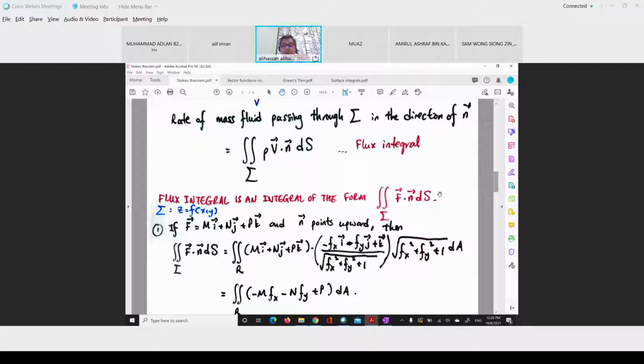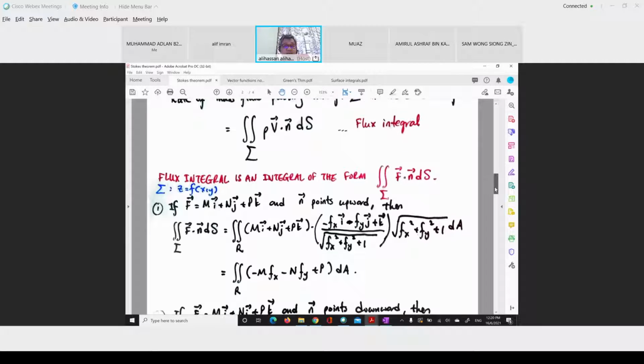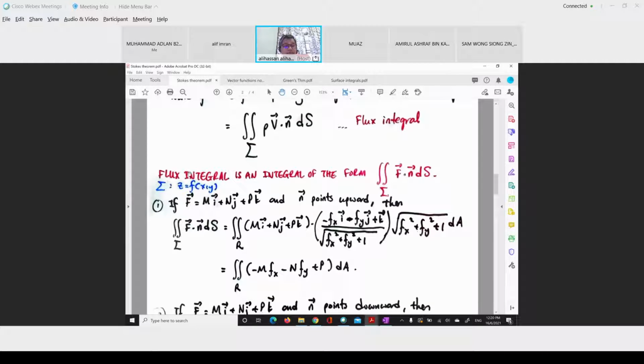This vector field F could be the velocity field, an electric field, or a gravitational field. And let the surface sigma be represented by z equals f(x,y).